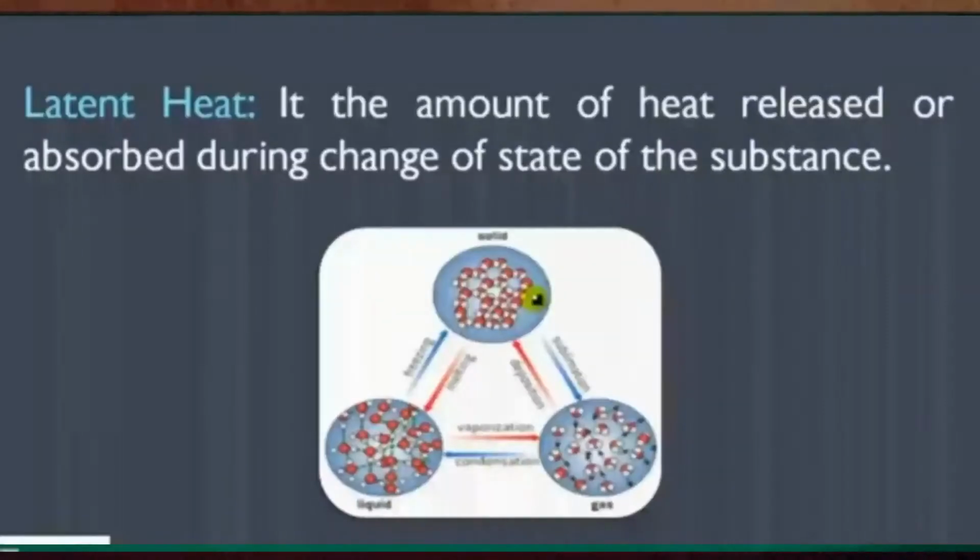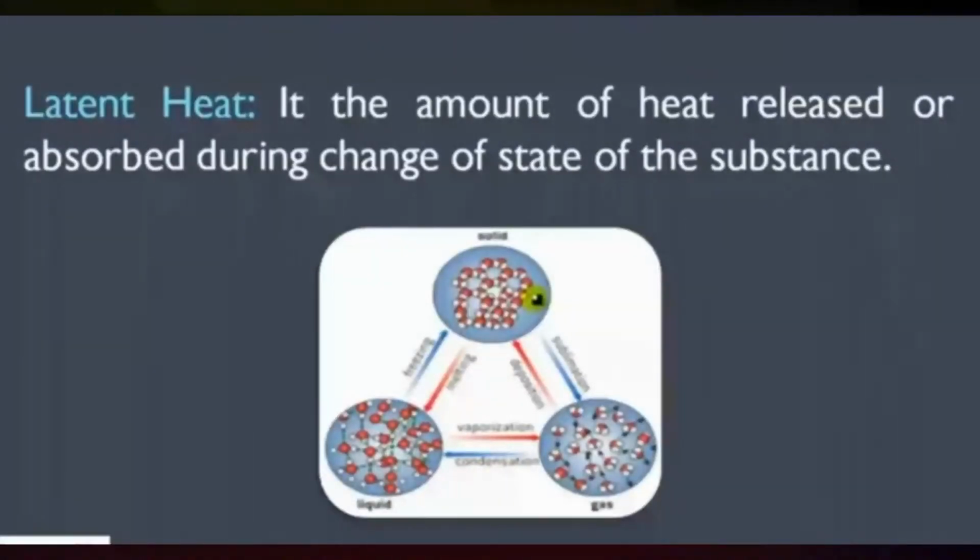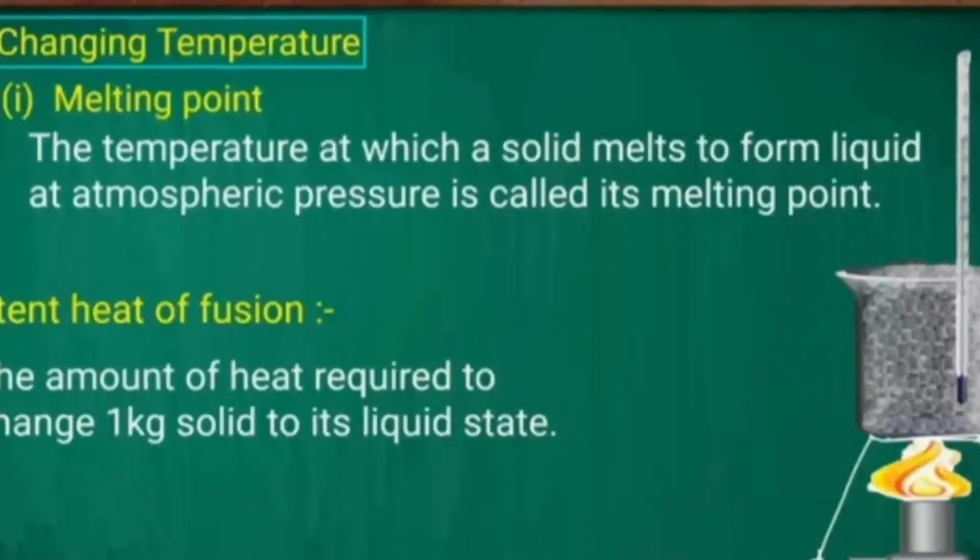Then comes latent heat. Latent heat is the amount of heat released or absorbed during change of state of a substance. Here in this experiment, the temperature of the system does not change after the melting point is reached till all the ice melts.